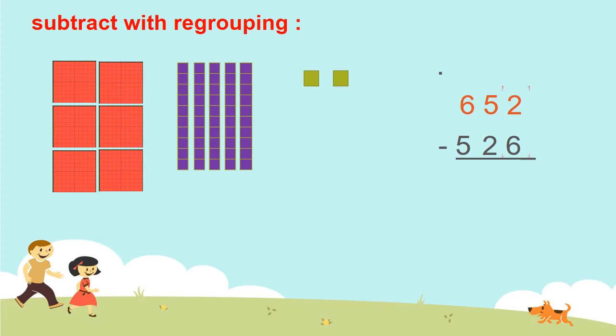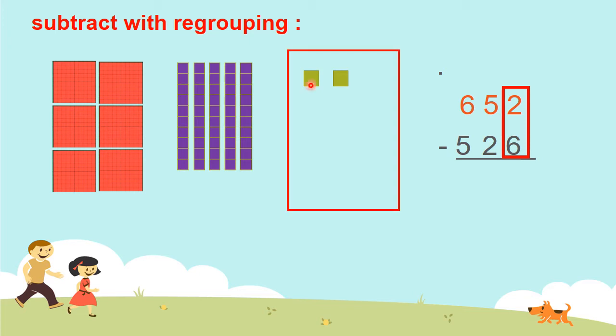Now start with the ones. 2 take away 6. I have 2. Can I take away 6? I have 2 oranges. Can I eat 6? Of course not. What are we going to do? Yes, the same thing we've done in the last video.